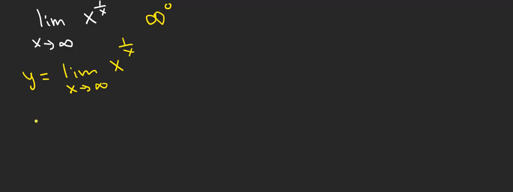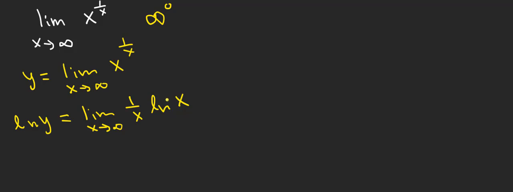So you want to do natural log on both sides. And then when you do that, the exponent comes in front of natural log. And you can write this as the limit as x goes to infinity of natural log of x over x.